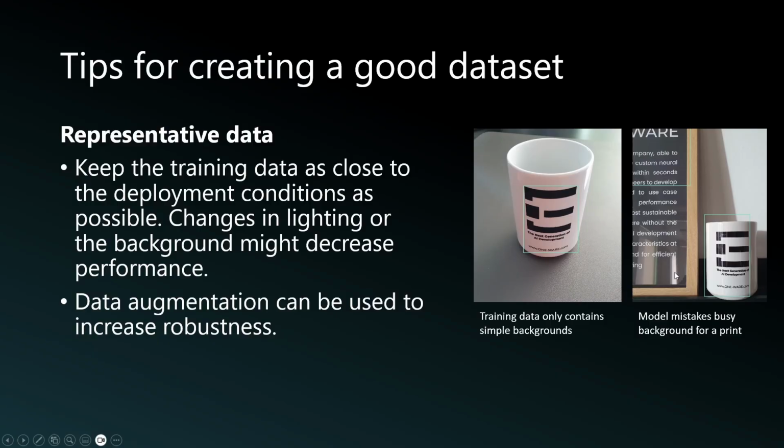But if I then change the background and suddenly have a background that is new to the model and more busy, we start running into problems. For example, here you can see that the model predicted an additional cup on the top here where there is none. So yeah, to get predictable results, you should watch out that your training data is close to the real deployment conditions.